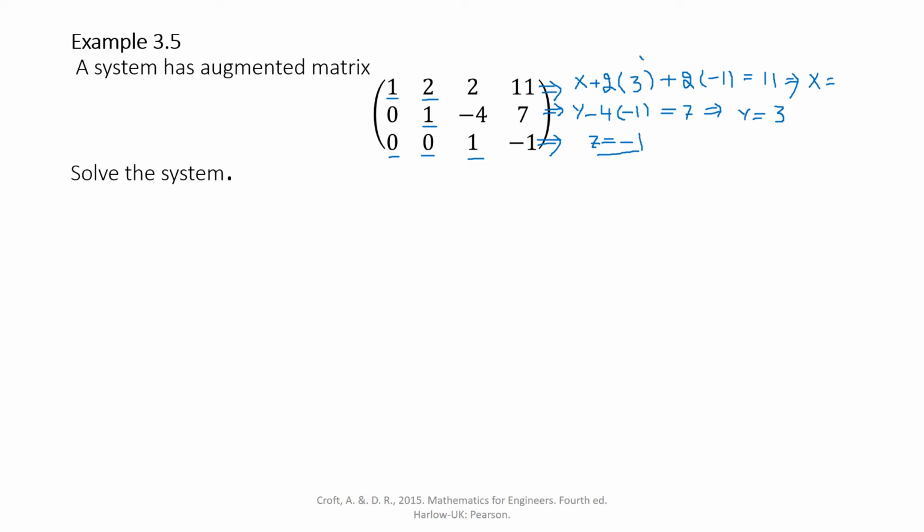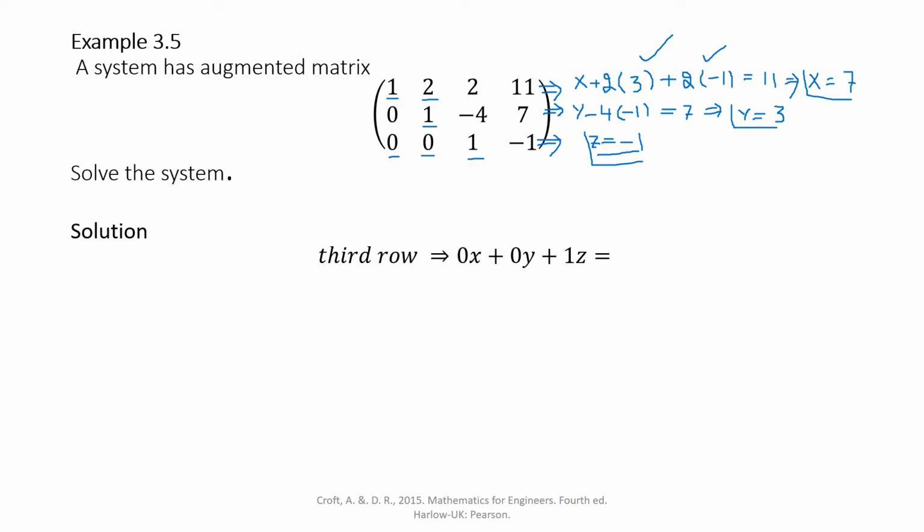This comes out 6, this comes out minus 2, so 4, and if we change it, so 11 minus 4 is I think 7. So unique solution, x, y and z. Now let's see my neat and clean work.